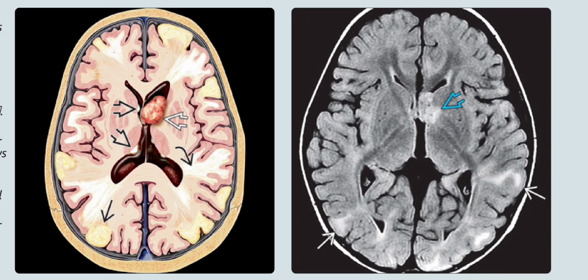Right is the axial FLAIR surveillance scan in a 14-year-old boy with known tuberous sclerosis complex, and it shows a well-demarcated lobulated mass in the left frontal horn, which is a subependymal giant cell astrocytoma. Note multiple expanded gyri with poor gray-white differentiation, that is tubers, and the subcortical white matter hyperintensities.